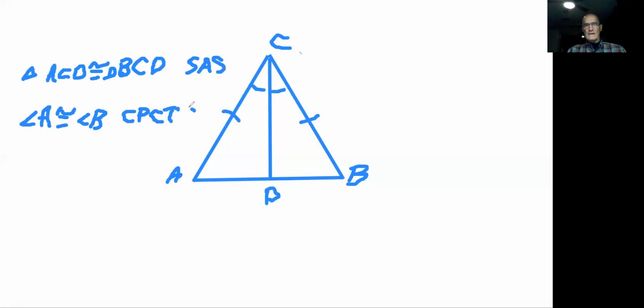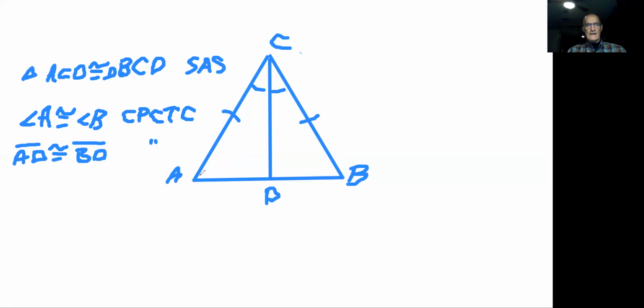If you look back a couple of sections in your book, this is an abbreviation for corresponding parts of congruent triangles are congruent. I can use the same reasoning to say that segment AD is congruent to segment BD, because once again they are corresponding parts of congruent triangles, and they're equal.